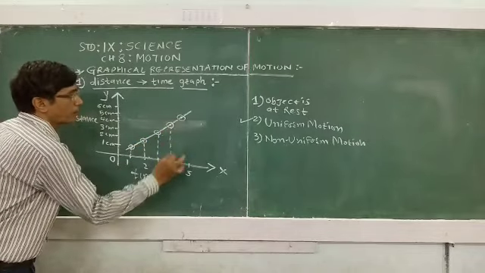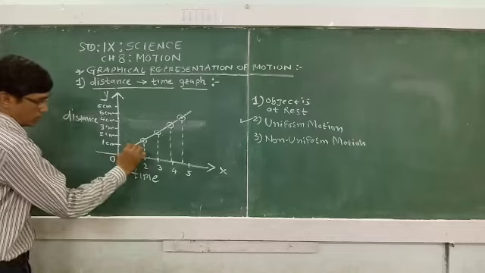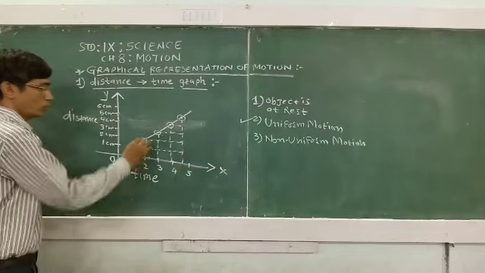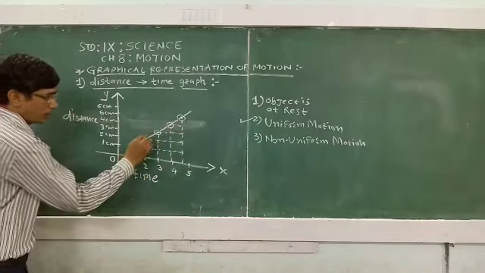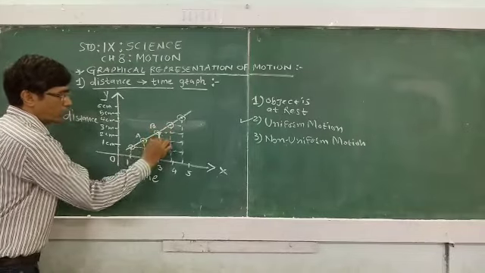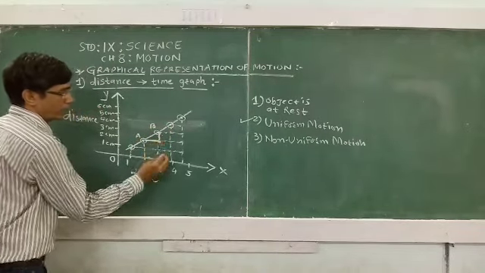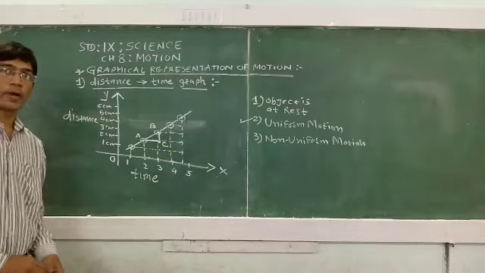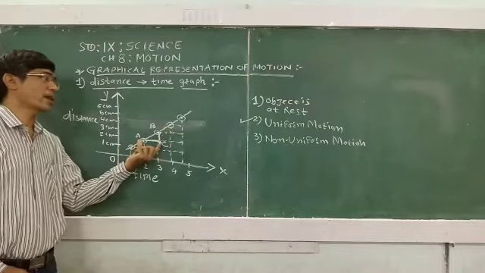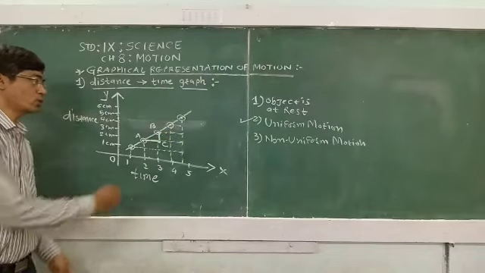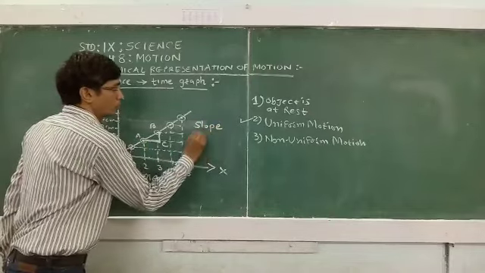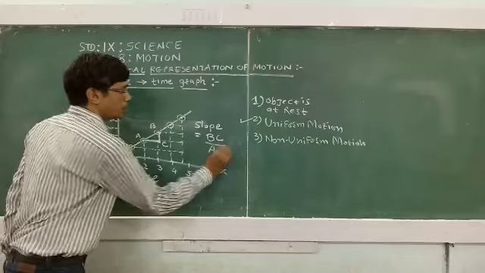Suppose we take any two points on the straight line, point A and point B, and the perpendicular lines intersect at point C. The slope is given by the y-axis quantity upon the x-axis quantity. So here the slope is BC upon AC.